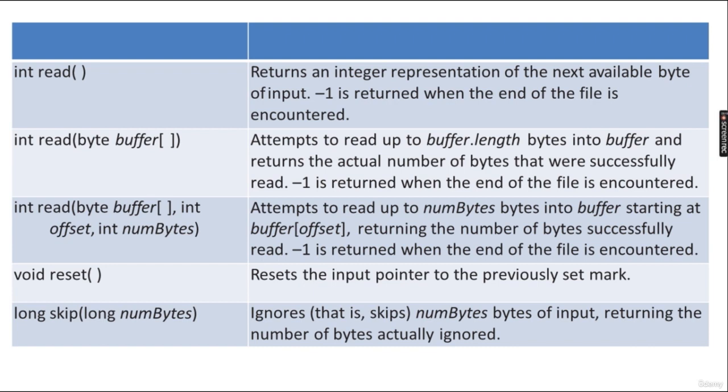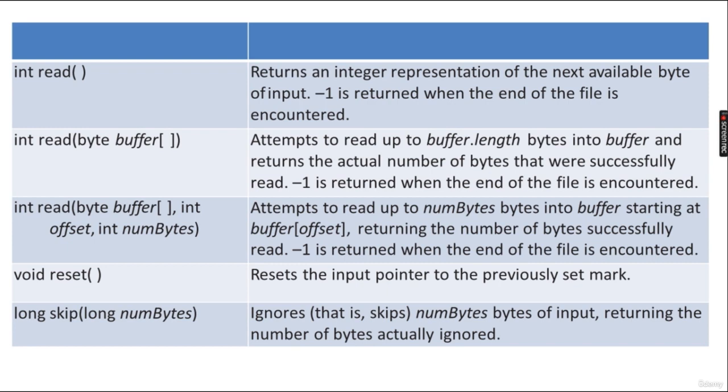The first returns an integer representation of the next available byte of input, and -1 if the end of file is reached. The second attempts to read up to buffer length bytes into the buffer and returns the actual number of bytes successfully read, and -1 at the end of file.